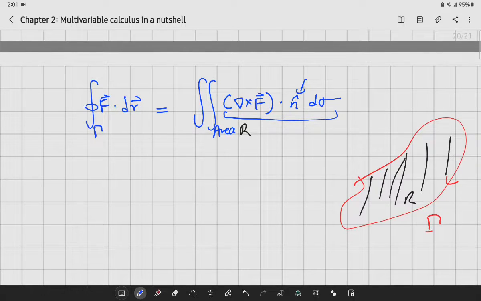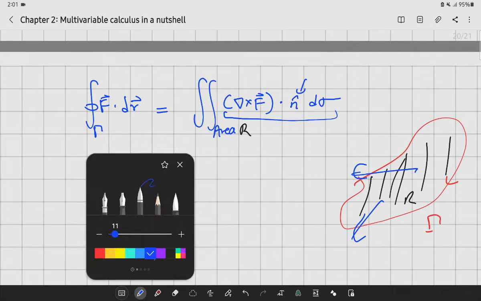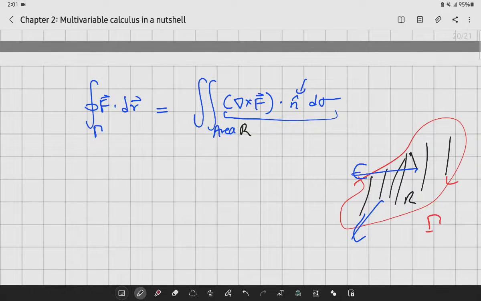And I'm talking about a field that goes out like this. And you have a normal vector like this, n hat. And usually this n hat is really difficult to find. And also this is actually a flux integral, not an area integral.